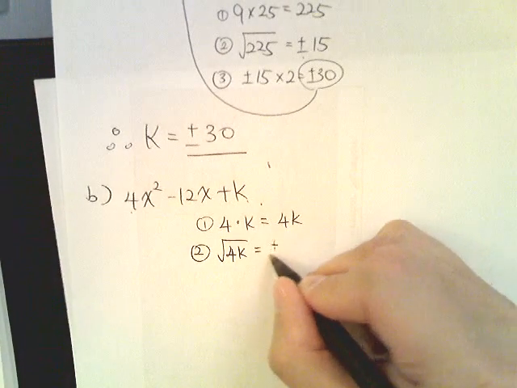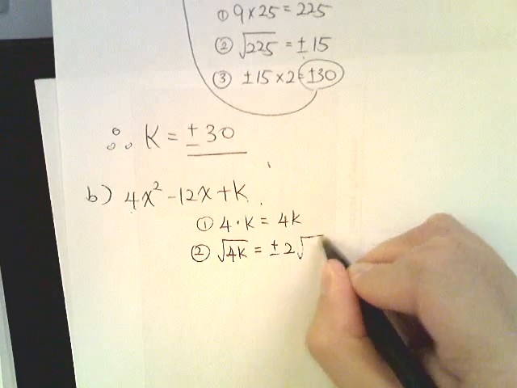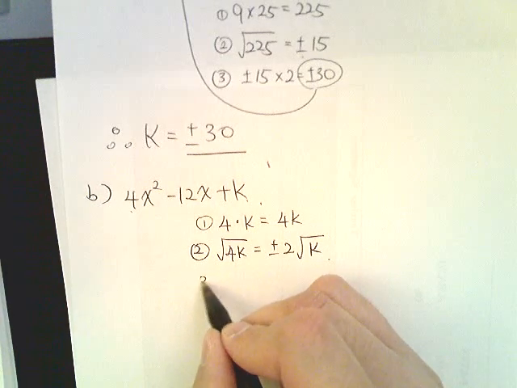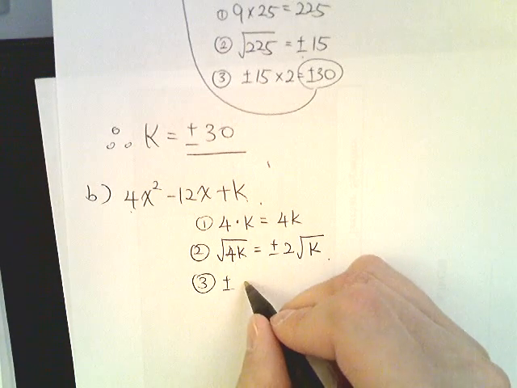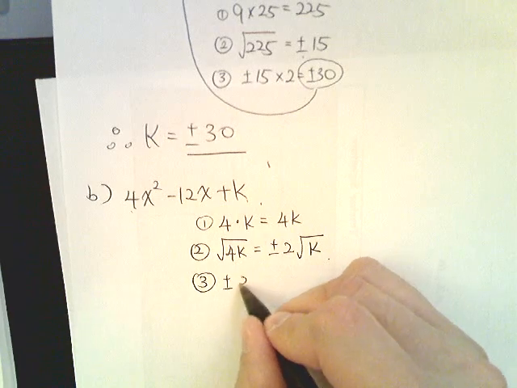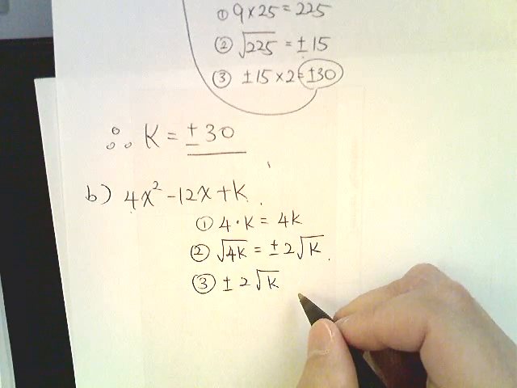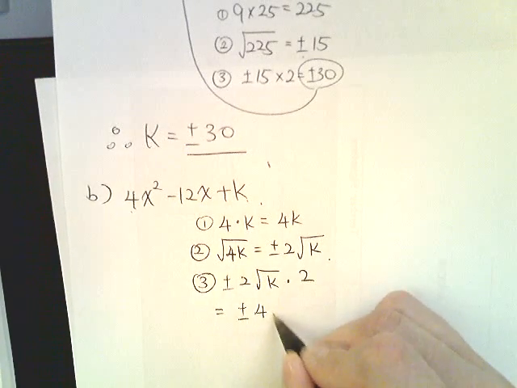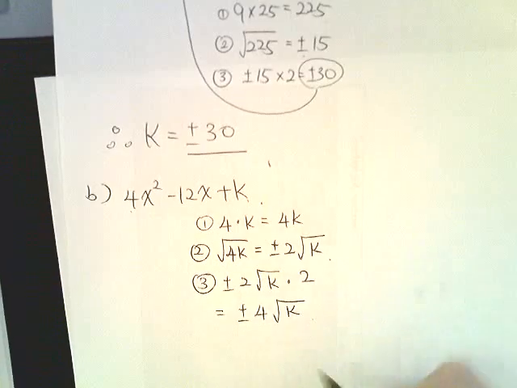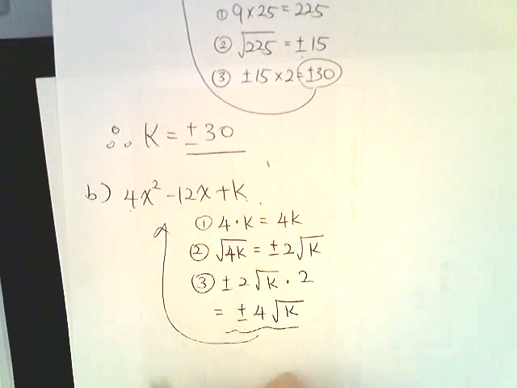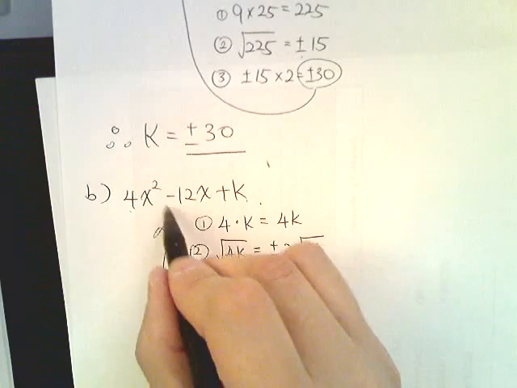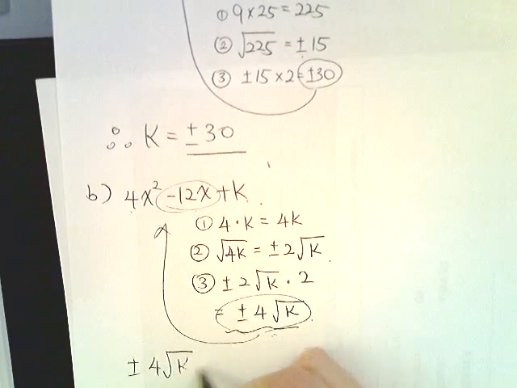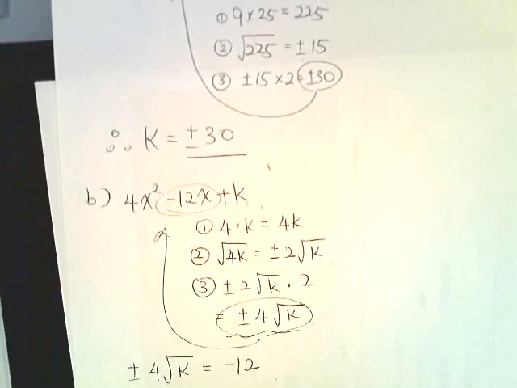Okay, this basically is plus minus 2 square root of k, right? Now third, plus minus 2 square root of k times 2. That gives me plus minus 4 square root of k. Now here, remember this, okay? This has to be the same as negative 12. So plus minus 4 square root of k equals negative 12.